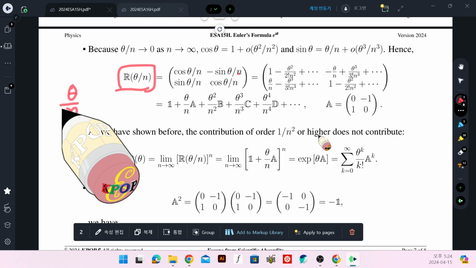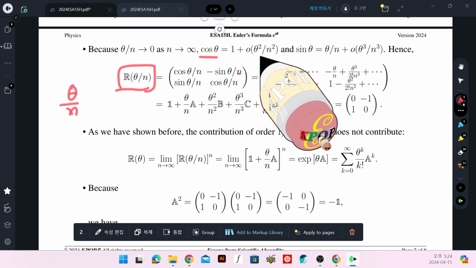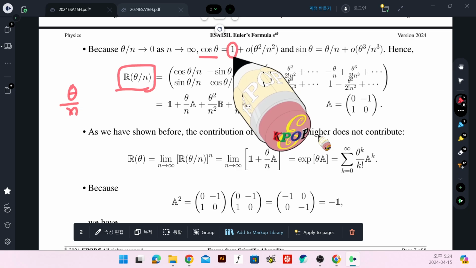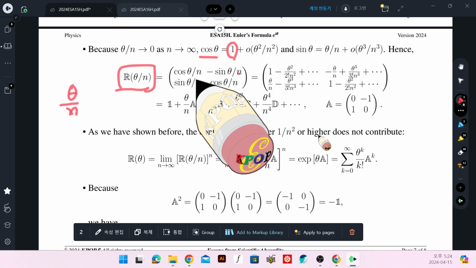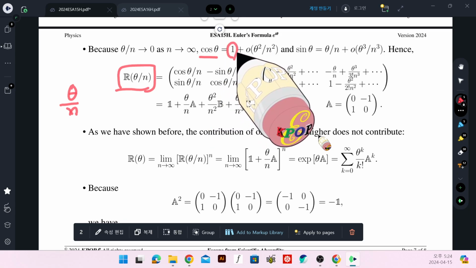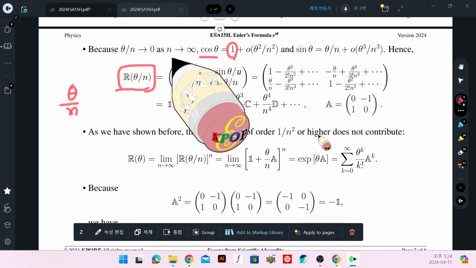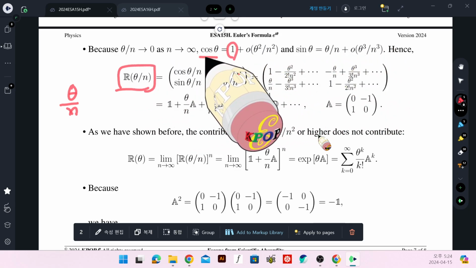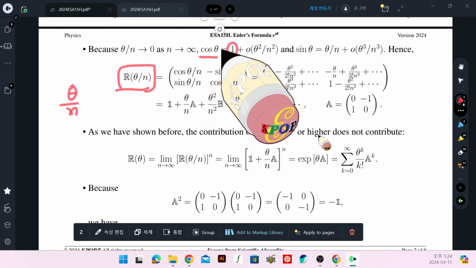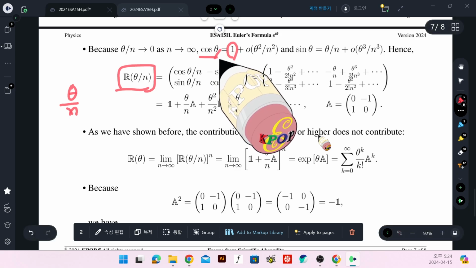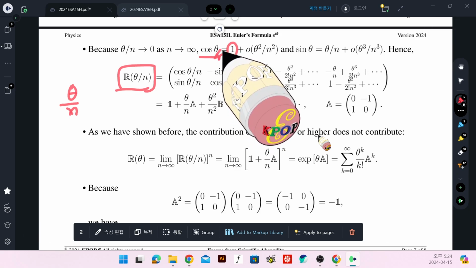We remember cosine approaches 1, and it consists of even powers of theta. So the leading contribution of cosine theta as theta goes to 0 should be with theta over n instead of theta.